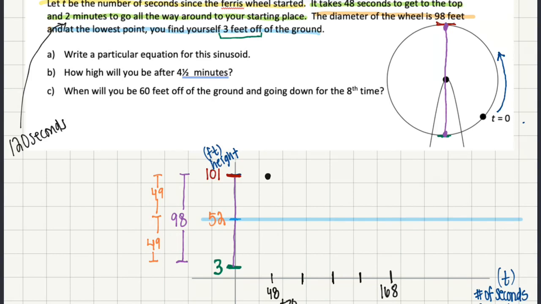So 40 plus 30 seconds would give us 78 seconds. Plus another 30 seconds would give us 118 seconds. Plus another 30 seconds, oh boy, I'm really testing my math skills here, would give us 148, and something happened wrong here. 48 plus 30 is 78. 78 plus 30 is 108.